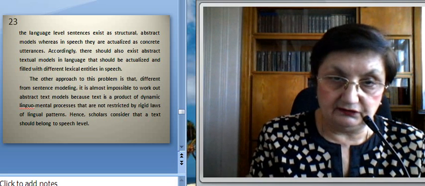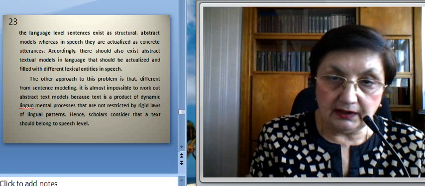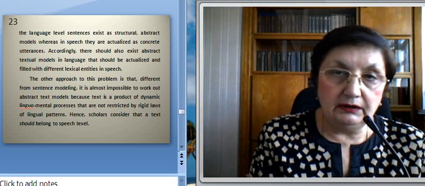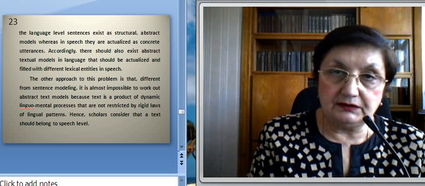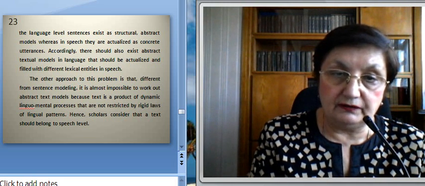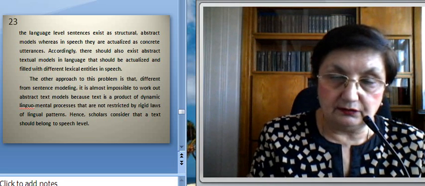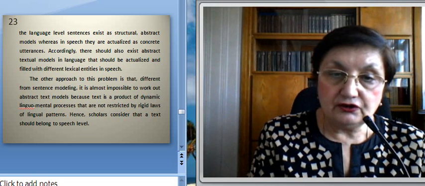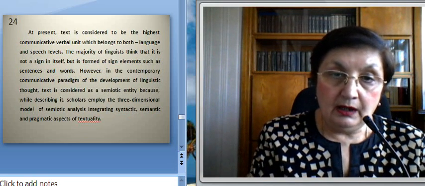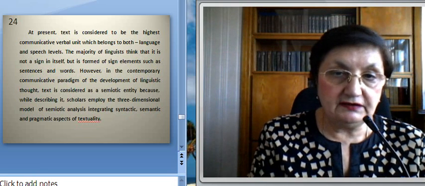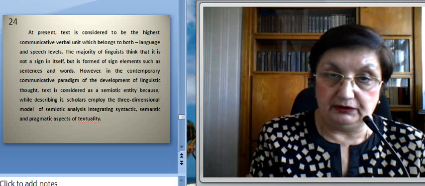Hence, scholars consider that a text should belong to speech level. At present, text is considered to be the highest communicative verbal unit, which belongs to both language and speech levels. The majority of linguists think that it is not a sign in itself, but is formed of sign elements such as sentences and words.